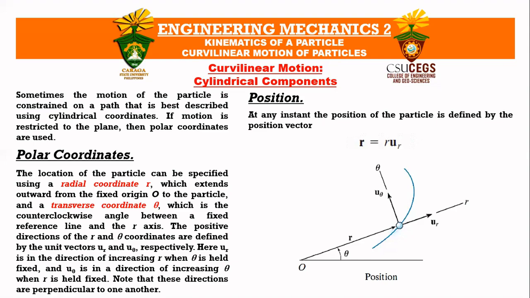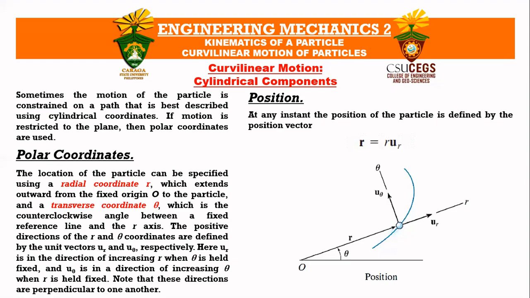The positive directions of the r and theta coordinates are defined by the unit vectors ur and u theta. Here, ur is in the direction of increasing r when theta is held fixed, and u theta is in the direction of increasing theta when r is held fixed. Note that these directions are perpendicular to one another.